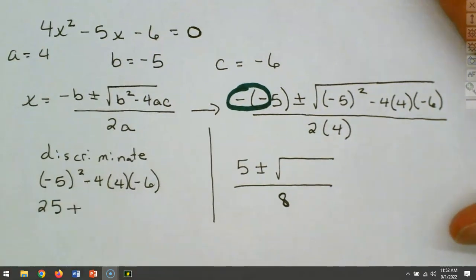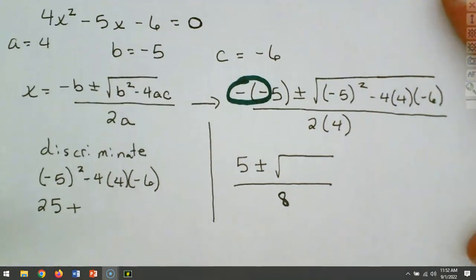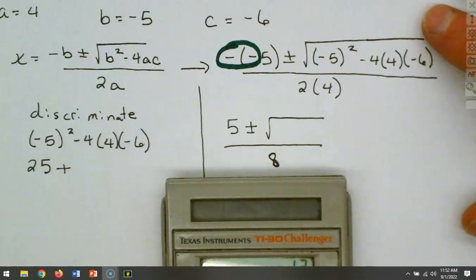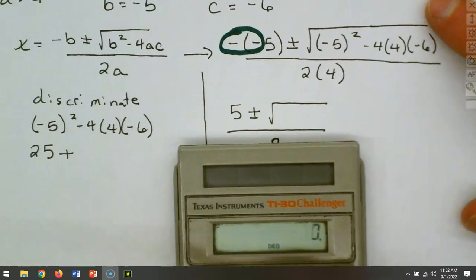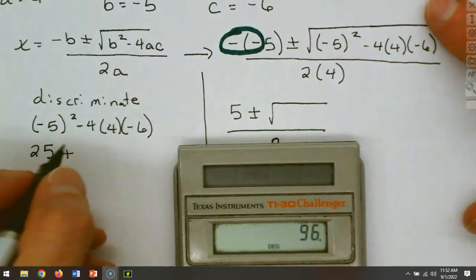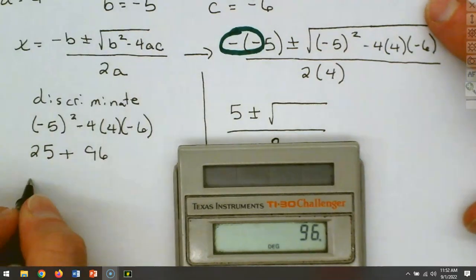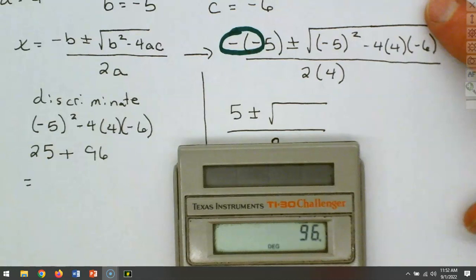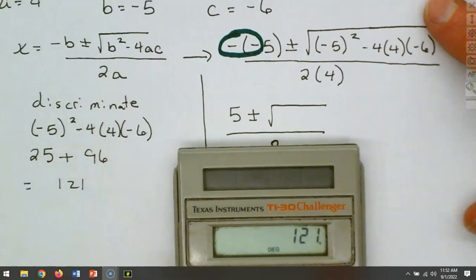So what I do is I find my signs first, because negative and negative makes it positive. And now I just simply multiply them all together. So 4 times 4 times 6, that makes that a 96. It's positive, right? Because 2 negatives make it positive. Add that 25 to it, and we get 121.